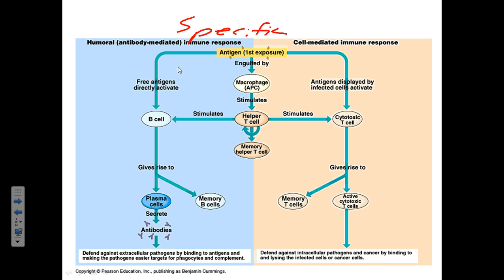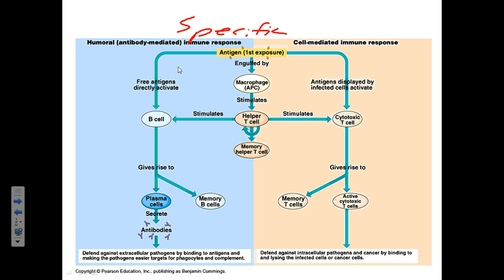This is the most important part of your immune system in general. Your skin. That's pretty important, right? Keep stuff out. Your mucous membranes, like in your nose and your mouth and all the openings in your body, those are pretty important. They keep things out. But they're not specific to a particular germ. These things are specific.